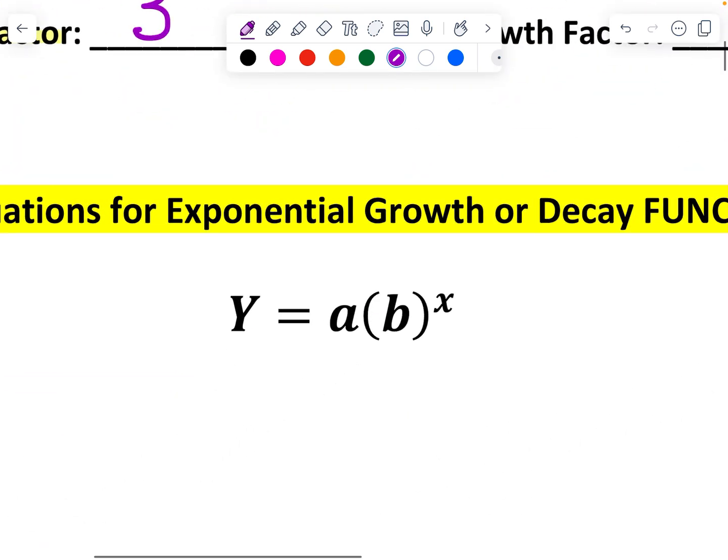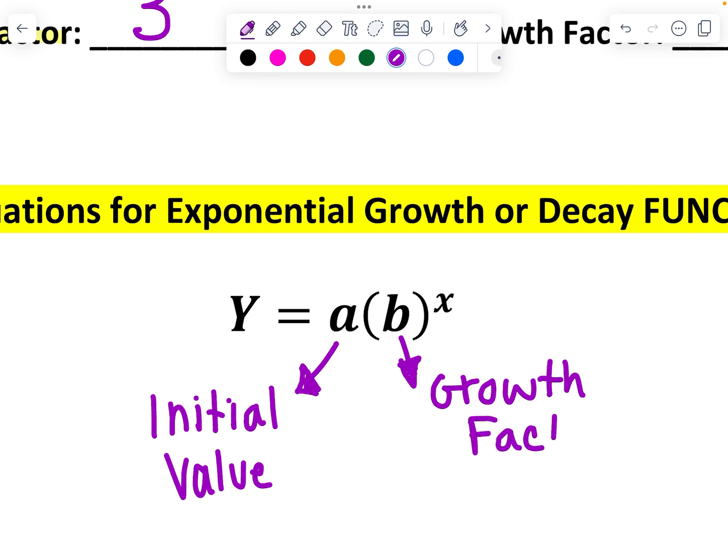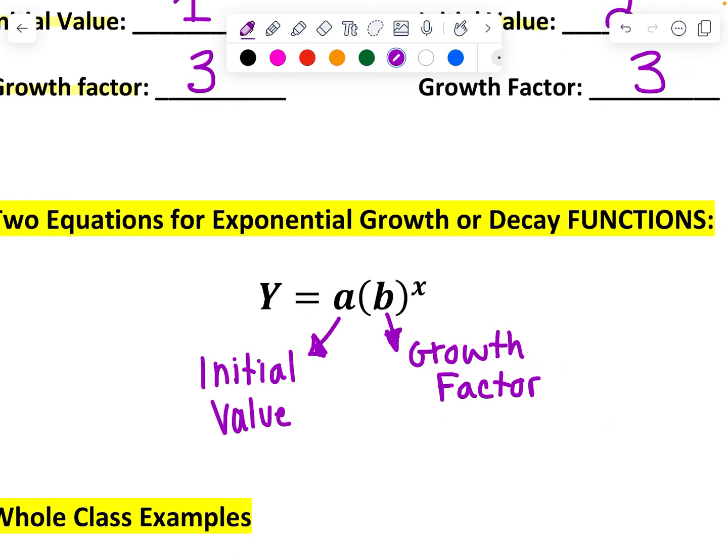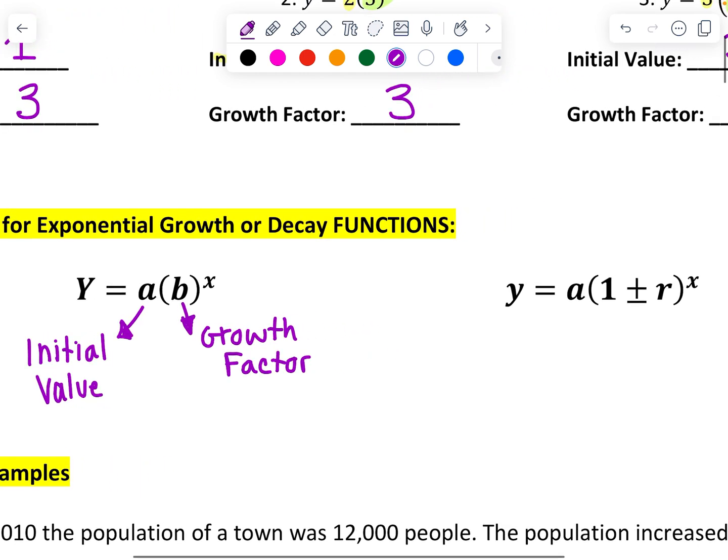So we just reviewed this one. The a value in this equation is the initial value. And the b is the growth factor, which again, is the number you multiply to get the next number. Now our new equation: the a value is still the initial value.